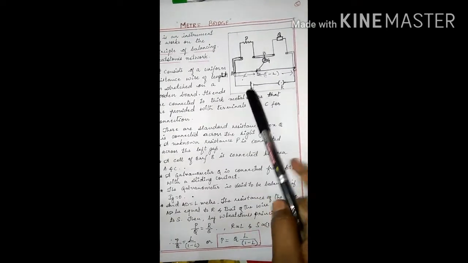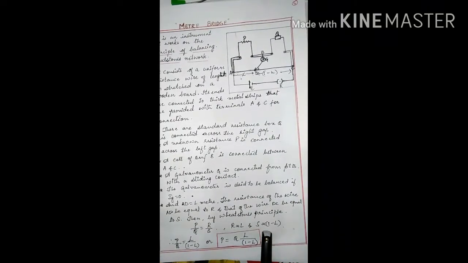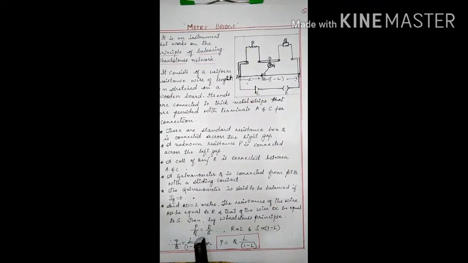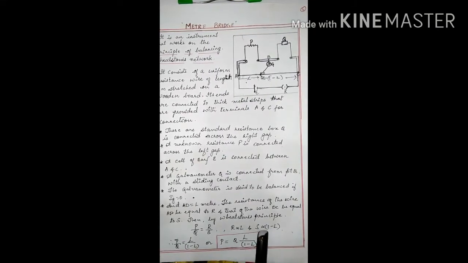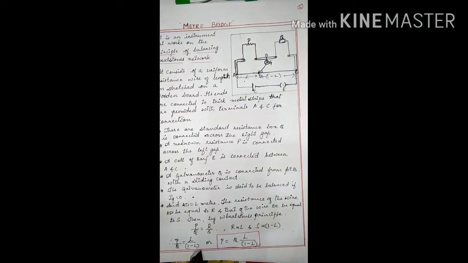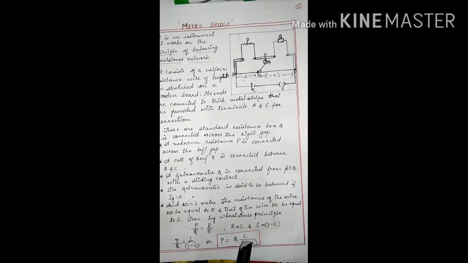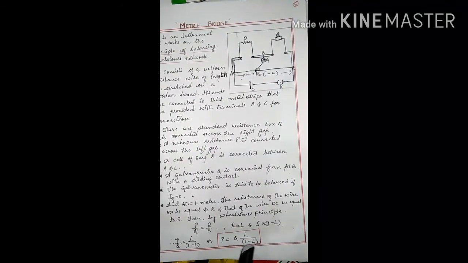Therefore, AD equal to length L in meter. Then the remaining will be S, that is the fourth one. Taking the Wheatstone's principle, that is the balancing condition, P by Q equal to R by S. So R is proportional to L and S is proportional to 1 minus L. Therefore, P by Q equal to L upon 1 minus L, or P equal to Q into L by 1 minus L.